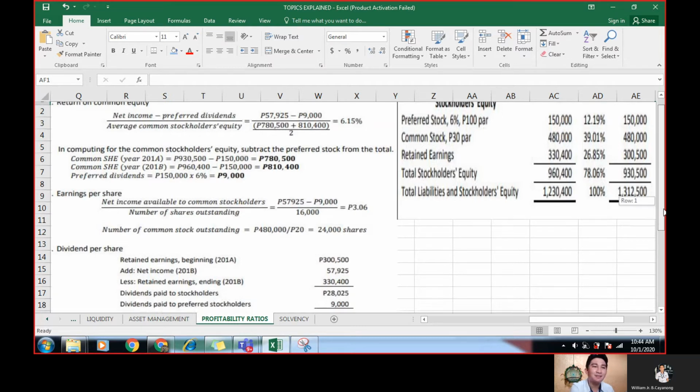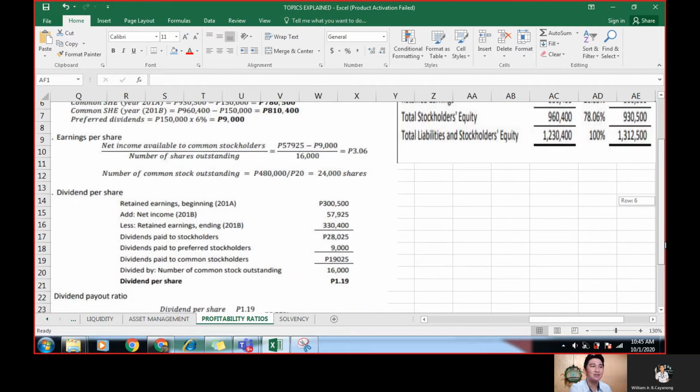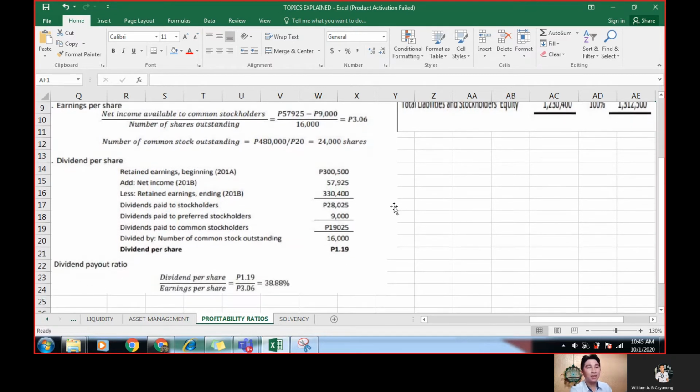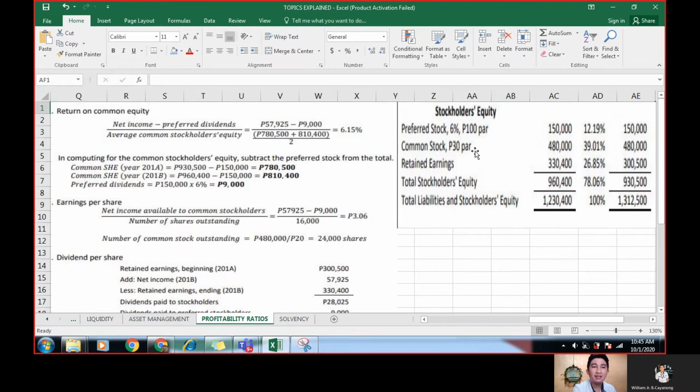Next is the dividend per share. Okay, this is how you solve your dividends per share. You need your retained earnings beginning. Usually, si retained earnings sa corporation, lahat ng income mo napupunta dyan, nasa-stock sa account na retained earnings. Okay? So, you need your retained earnings, 300,500 on the previous year.